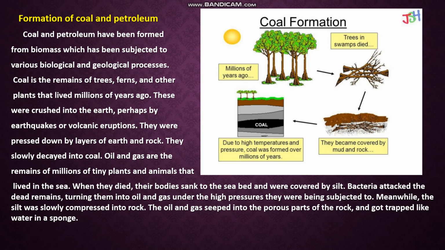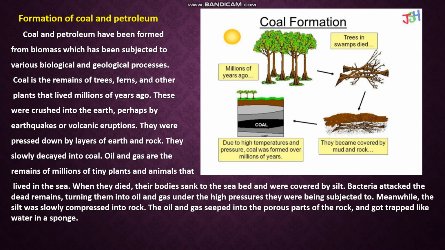So as rock got deposited layer by layer upon these dead remains, due to bacterial action, the dead remains of these small living plants and animals were converted into coal or petroleum or natural gas due to high pressure. Meanwhile, the silt was slowly compressed into rock. What happened to the silt? It was slowly changed into rock.